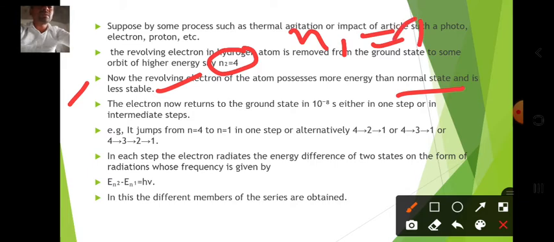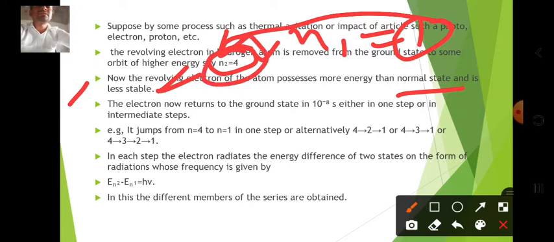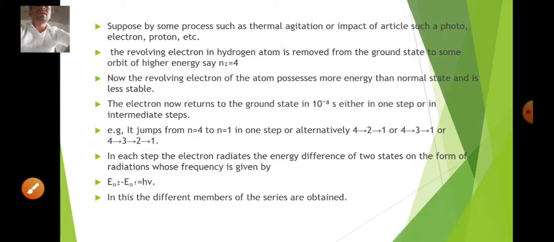So the electron is present here, it has jumped here, and in this state the electron cannot stay more time, so it is a less stable state, which means it comes back. Okay, how much time does it stay in this state? See, that is also given.